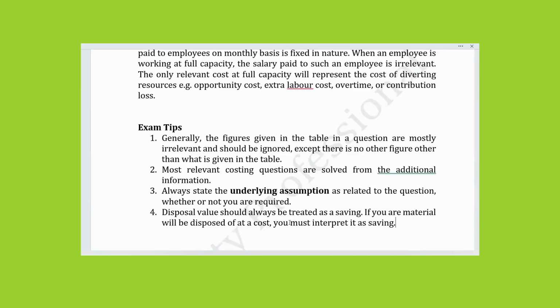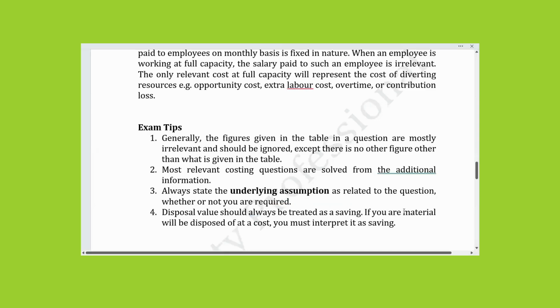This is what you need to do as far as disposal value is concerned. Don't treat it the way examiner has called it in the question, because examiner will never call it a saving. Almost 100% of the time, examiner will tell you it's a cost. So you are the one that will interpret it as a saving.